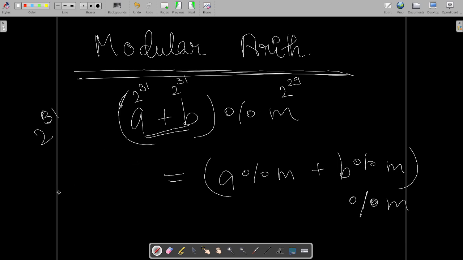When you take the modulo separately, a becomes less than 2 raised to the power 29, and b becomes less than 2 raised to the power 29. Then adding them won't give you an out of range error for the data type. I hope this is understood. Adding them directly puts the sum out of the integer's range, because it gives you basically 2 raised to the power 32, which is greater than 2 raised to the power 31, the range for a signed integer in C++.